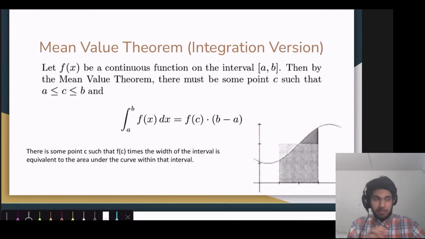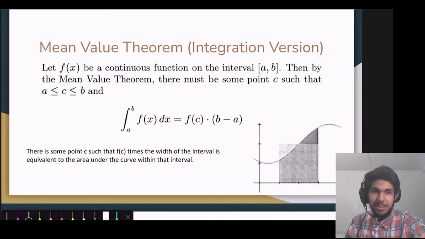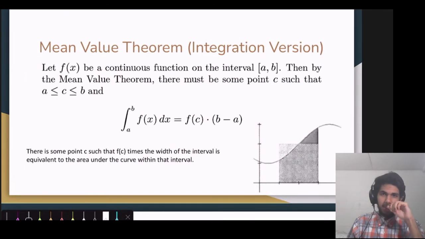Let's see. So, mean value theorem, the integration version. I think we discussed it with derivatives? Yeah, I think we did. But this is the integration version. So we have f of x, which is a continuous function on some interval.